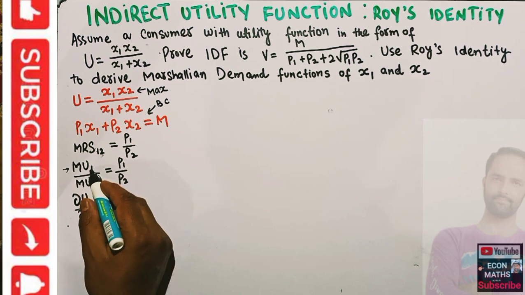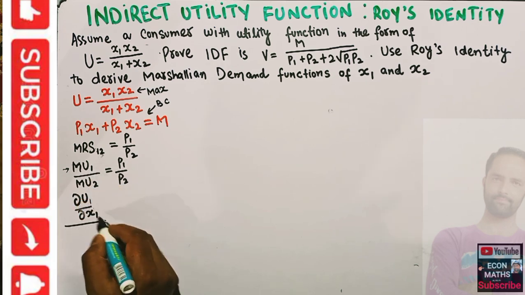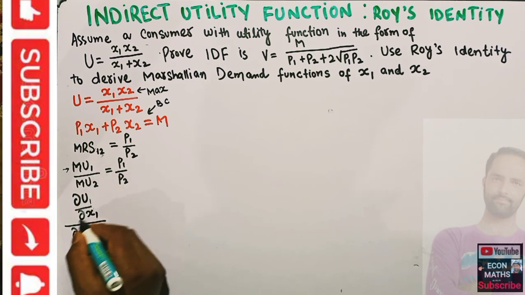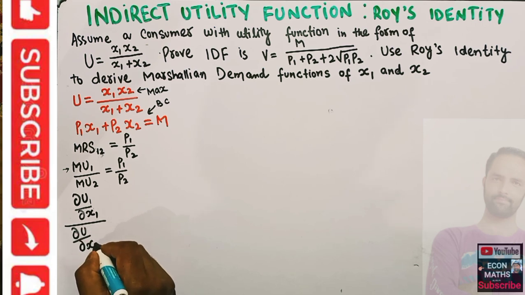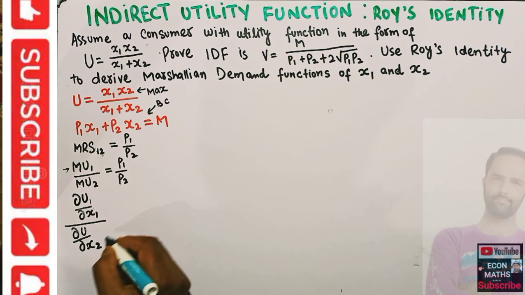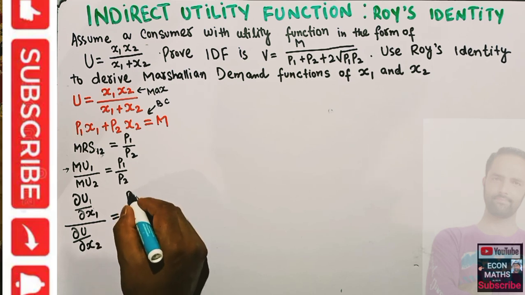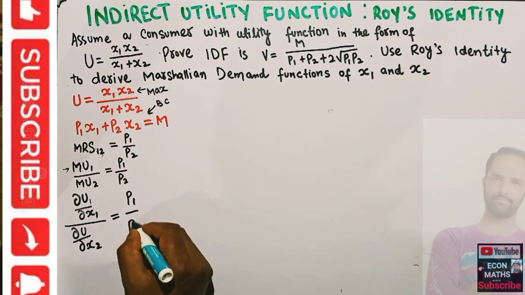This is the marginal utility function for good x1. Similarly, we have the marginal utility for good x2 as du upon dx2, and the ratio should be equal to p1 upon p2.